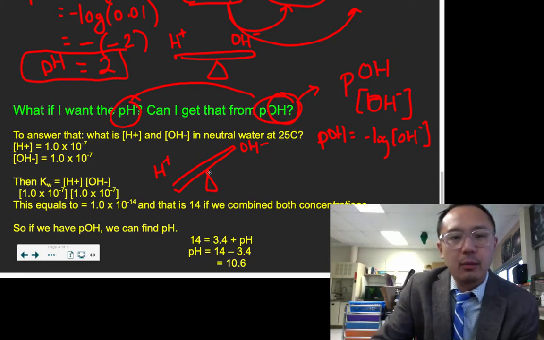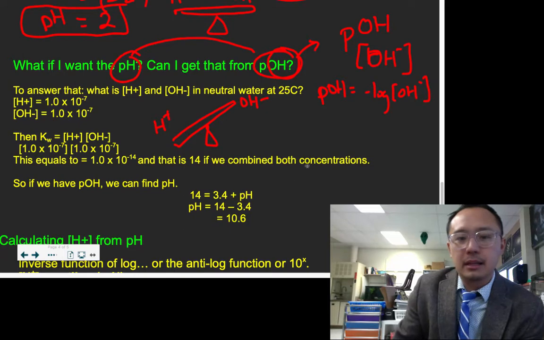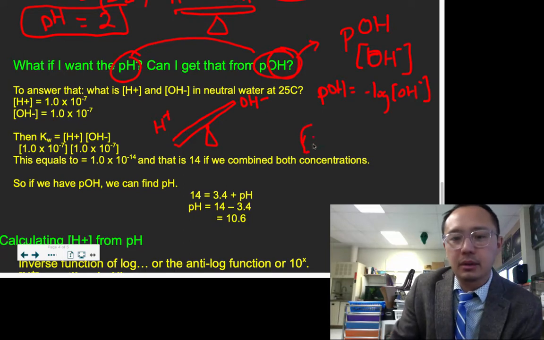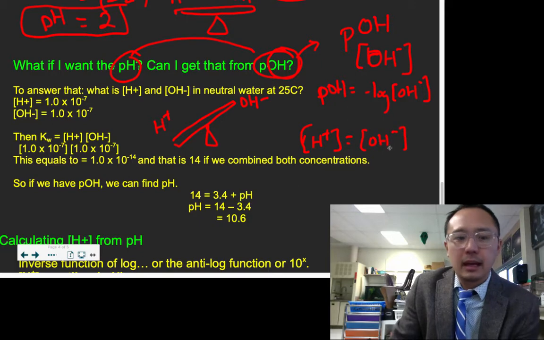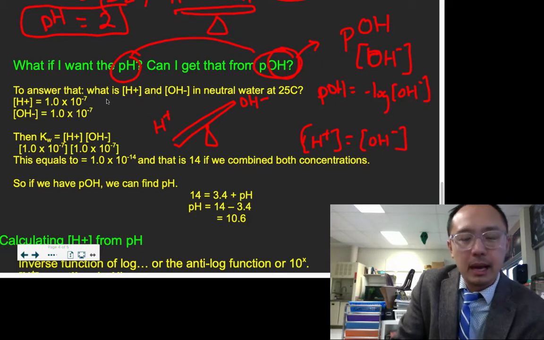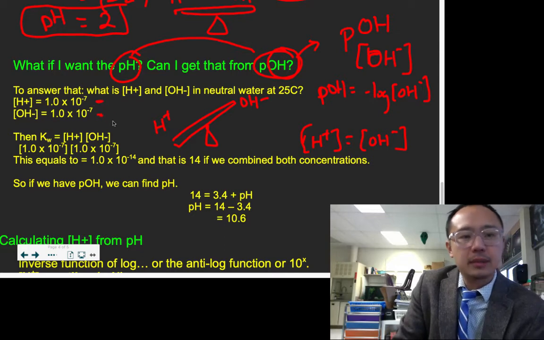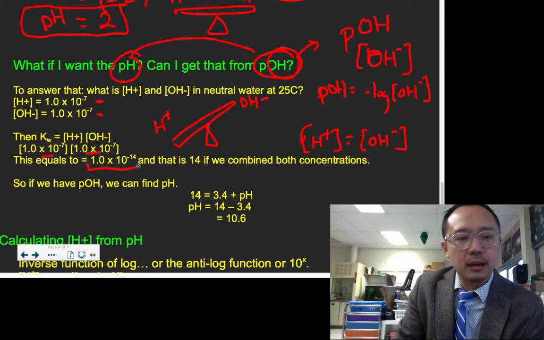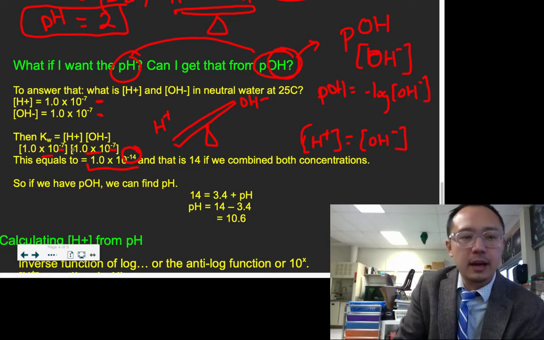So if you look at water, water is neutral. That means it has exactly the same amount of H+ as OH-. And if you look at the numbers, you have 1 times 10 to the negative 7, and 1 times 10 to the negative 7. When we multiply these two for our Kw, this multiplied by that will equal 1 times 10 to the negative 14, because the 7 and the 7 are added together.